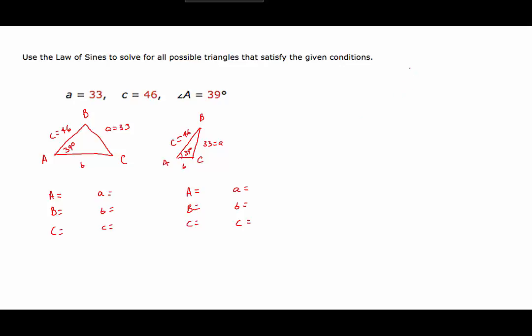Well, something that we have to remember is that the inverse sine function is only defined from minus pi over 2 to pi over 2. So the right half of the circle. The sine function is positive in the first quadrant.